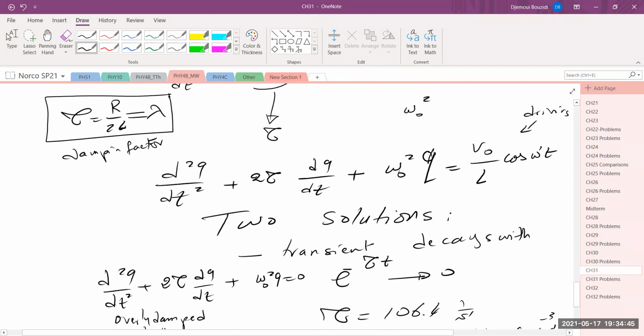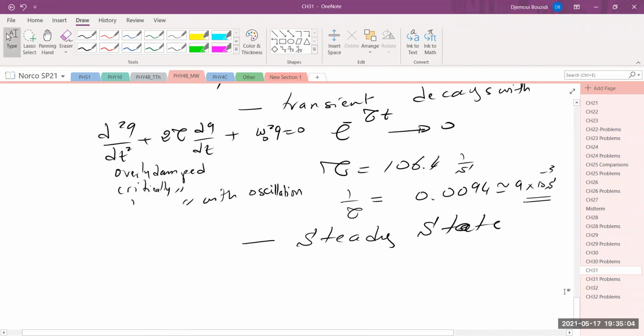In other words, your circuit is an RLC circuit, and it's being managed by an external force that oscillates with the frequency omega prime. So omega prime will dictate how fast the circuit is going to go back and forth, and it's this voltage that you're going to have. So there is a steady state.